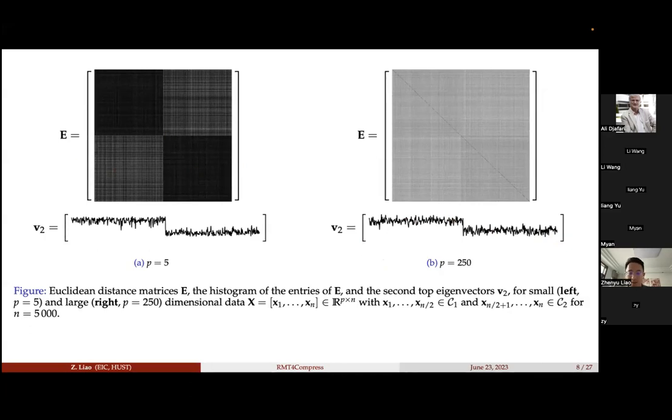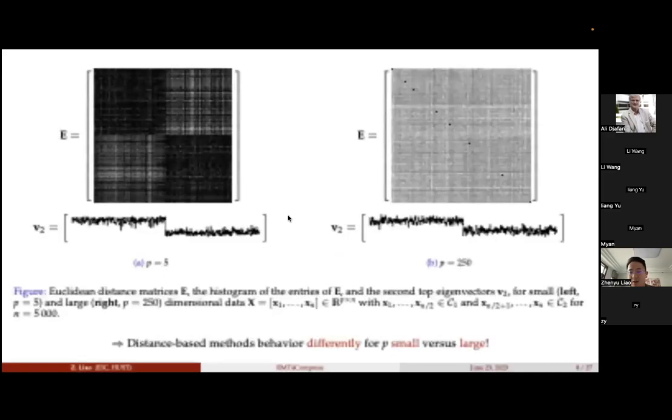But if we choose the right thing to look at, the eigenvector associated to the second largest eigenvalue, then we can still do classification, telling us that the first half of the data are from one class and the second from another class. But we must choose this v2, not v1 or v3, for some reason.